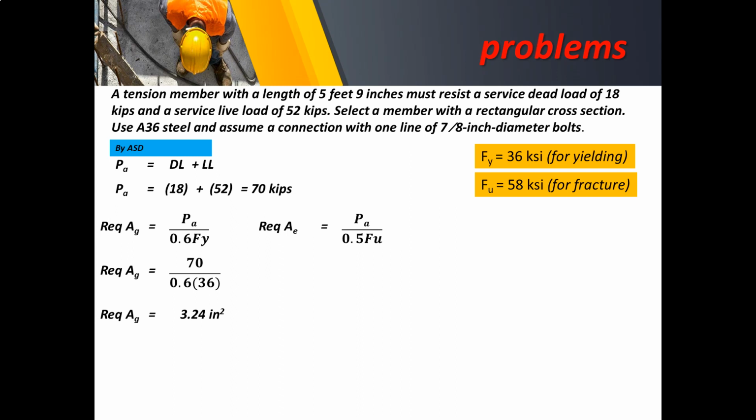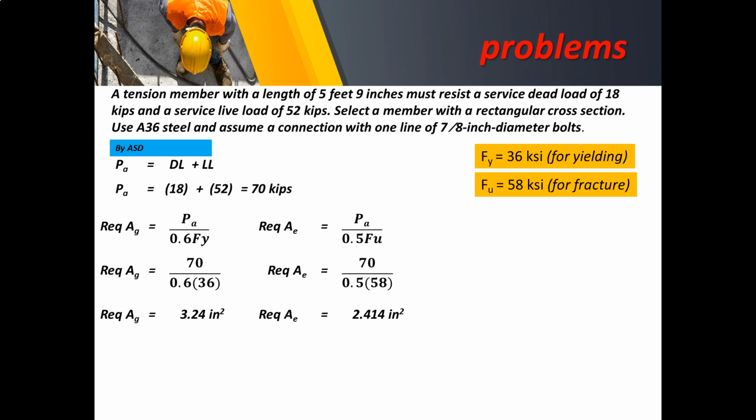Likewise, for the required effective area, we have PA all over 0.5 of FU. So the required effective area is 70 all over 0.5. Substitute 58 FU for fracture. So it will yield 2.414 square inches.